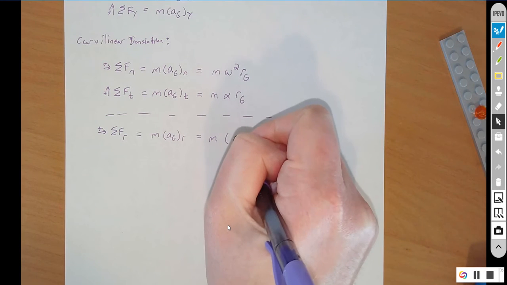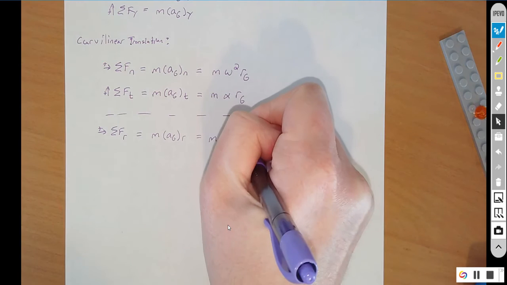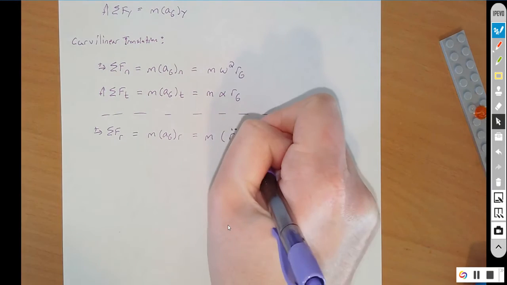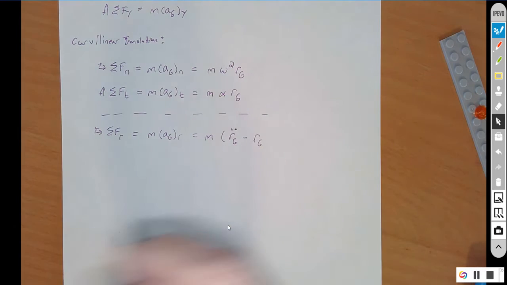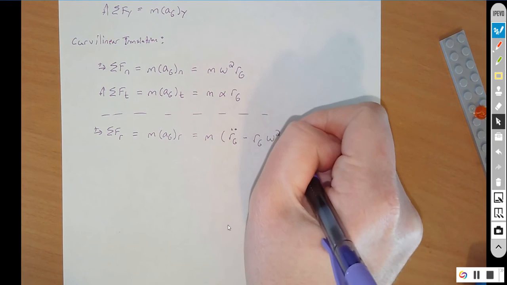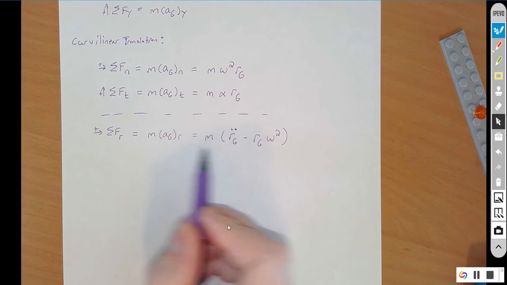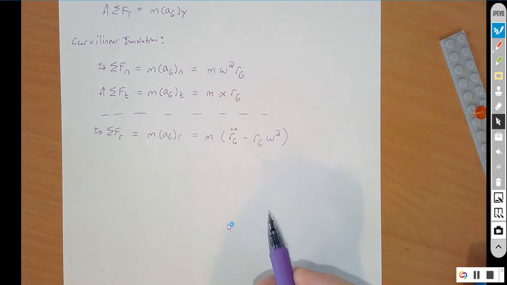So that's going to be RG double dot minus RG omega squared. If you remember, the acceleration in the radial direction is just r double dot minus r omega squared. So that's where that comes from.